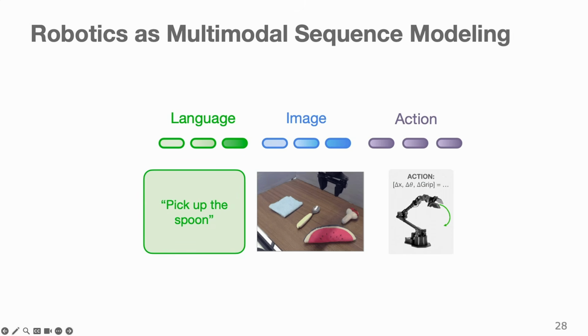And so basically, we can run the same next-token prediction architecture without changing anything fundamental, just adding new robot action tokens.